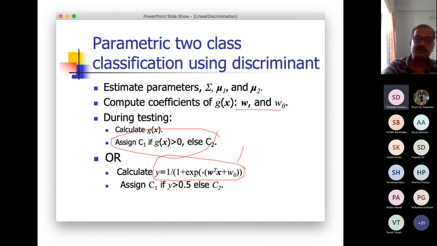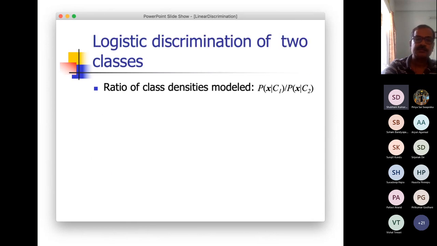So it is giving you the posterior probability. I should say posterior probability with a proportional term. Of course, if you normalize y between 0 and 1, then it becomes the same. So we are considering that only here. That normalization is taken care of by this W and W naught. So this one is assigned C1 if y is greater than 0.5, else C2.